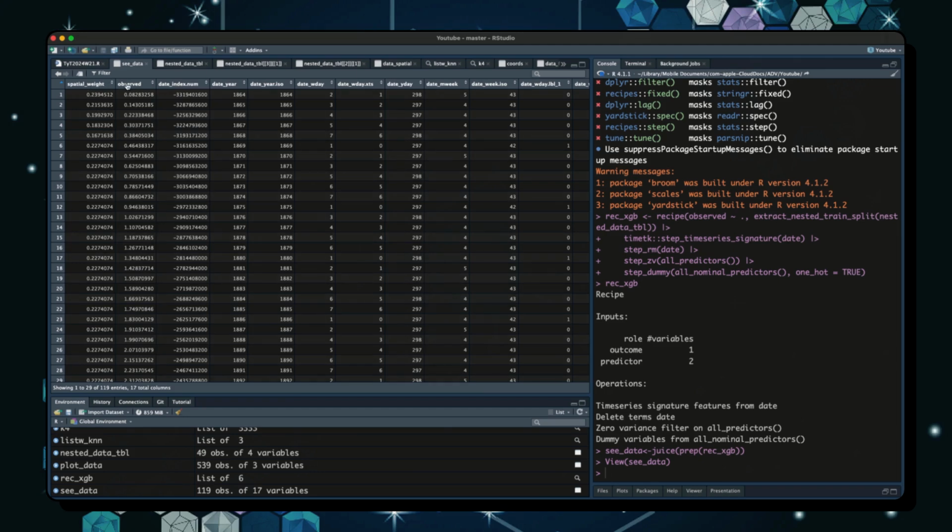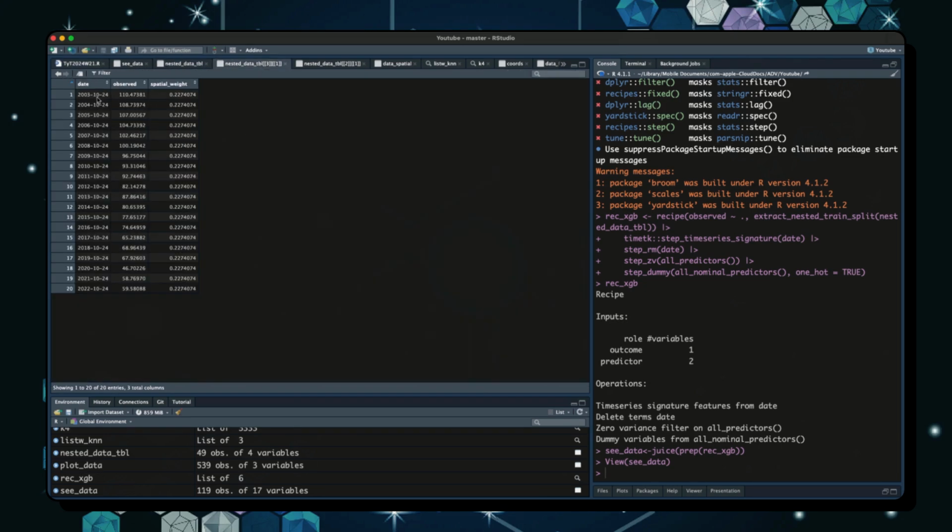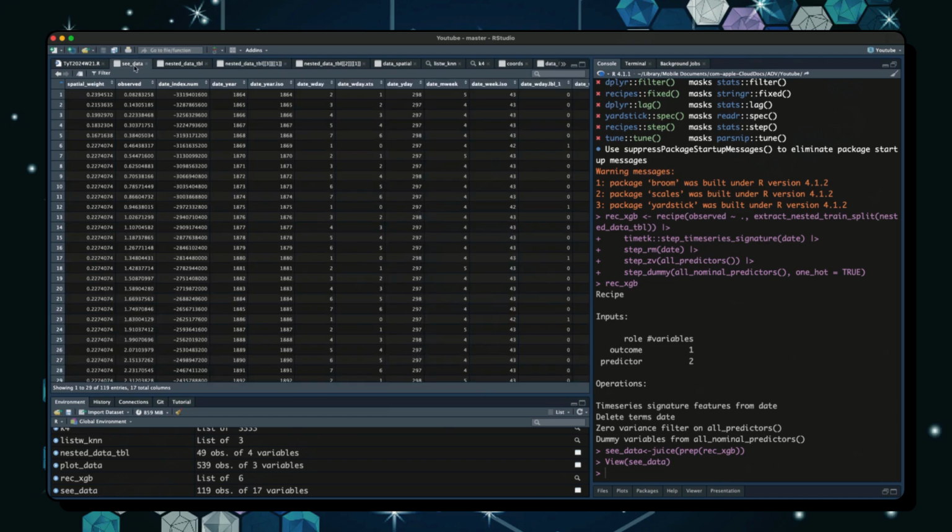So we've been keeping our spatial weight, our observed value, and here the timetk function step time series signature over our column date transforms our date information here in many columns that try to understand what kind of seasonal trend there is.